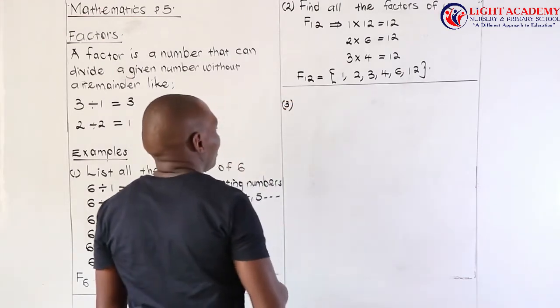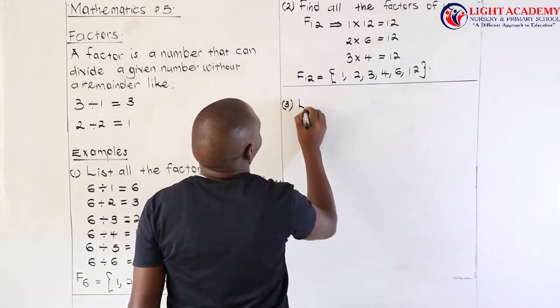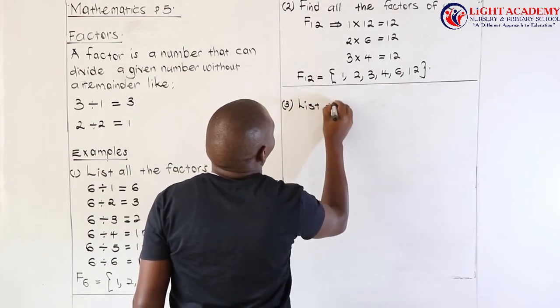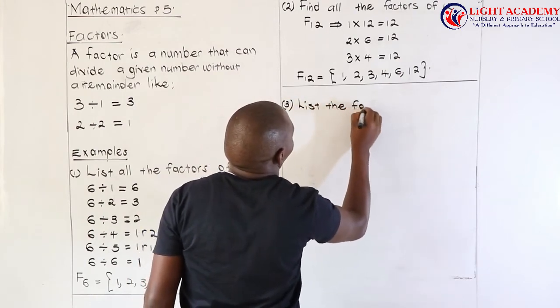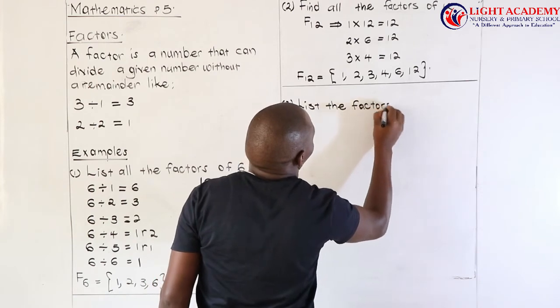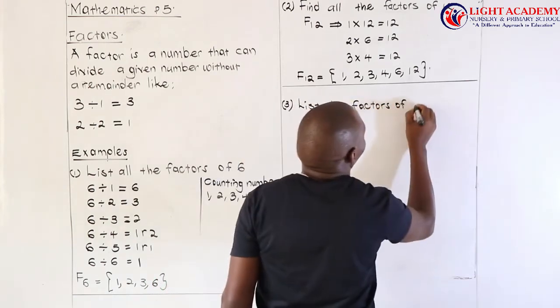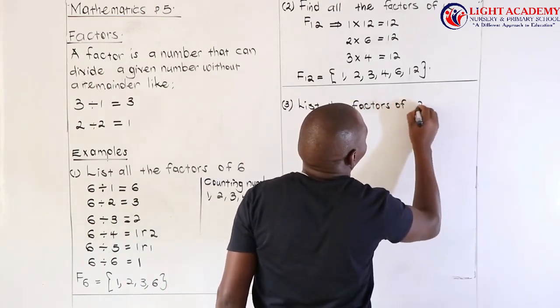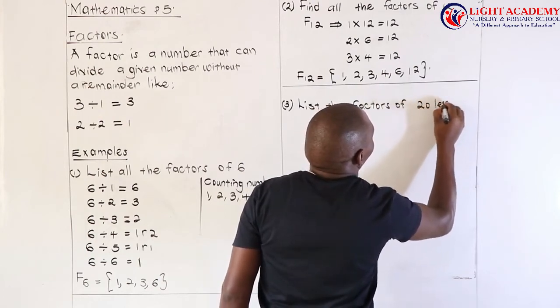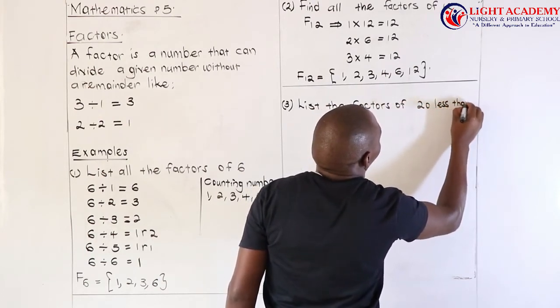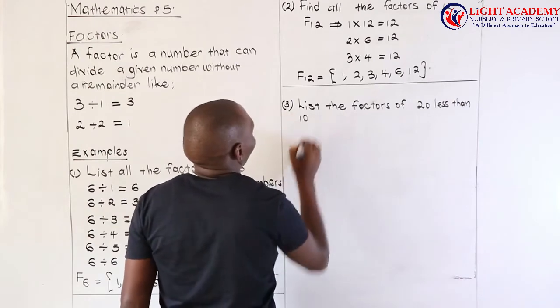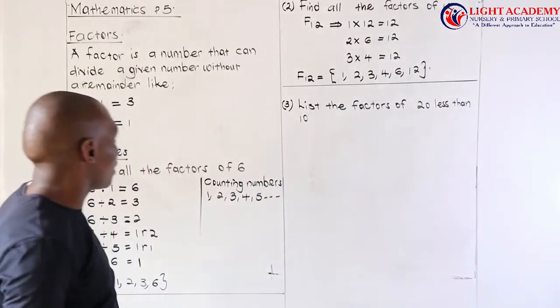The examiner might change it a little bit and say, list the factors of 20 less than 10. So the third question is a little bit different.